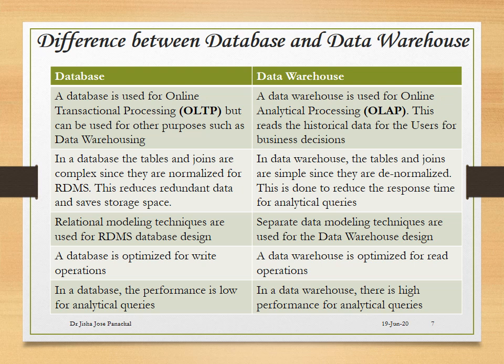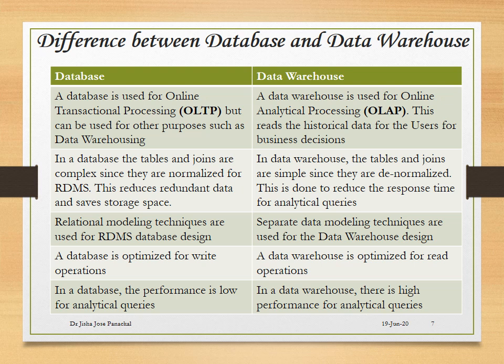And the next point that distinguishes both is the concept called normalization. In a database, the tables and joins are complex since they are normalized for relational database management systems. The normalization process reduces redundant data and saves storage space.